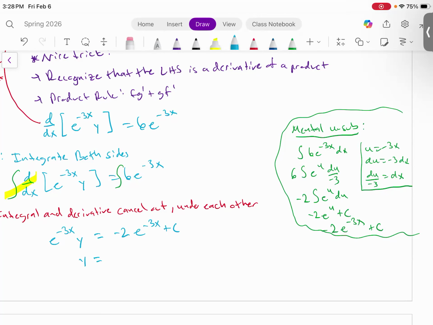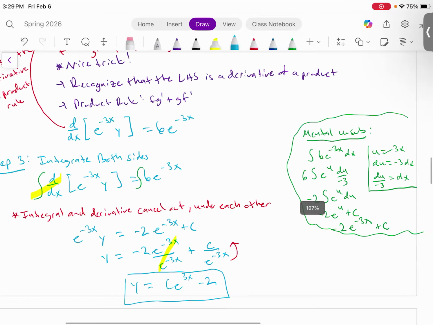So it'll be negative 2 e to the negative 3x over e to the negative 3x, plus c over e to the negative 3x. This works out well. The e's to the negative 3x cancel out. We can bring up our negative exponent to be times the c. So what we get is c e to the 3x minus 2. And then that is our answer.